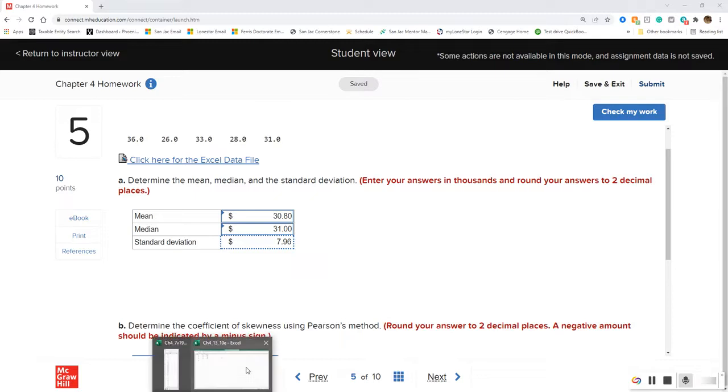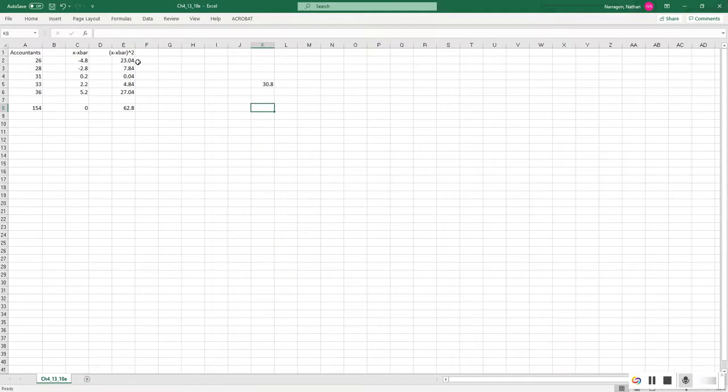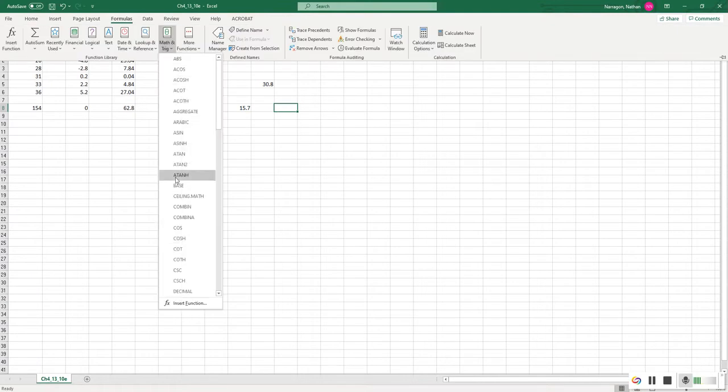Sometimes that does happen, especially going through all these items. So we forgot to actually find the mean of this. That's where we get our standard deviation. Now, since this is a sample size, we need to take that 62.8 and divide by 4, not 5. Remember, sample sizes we take n minus 1. So that becomes 15.7. And again, we're going to square root that number.